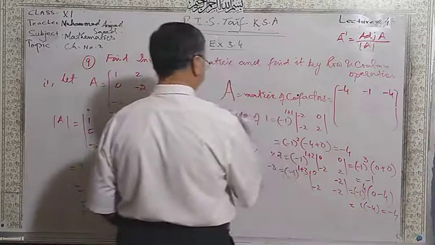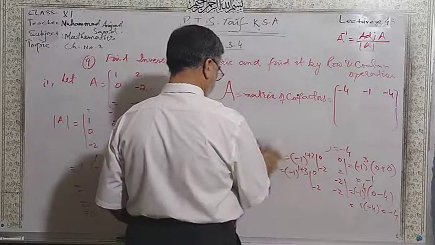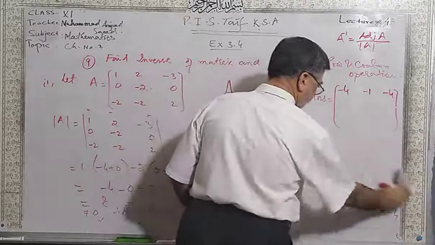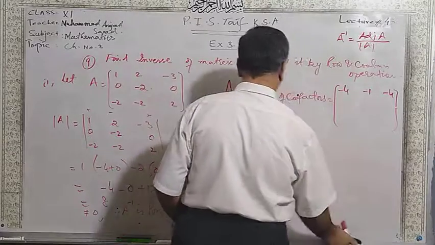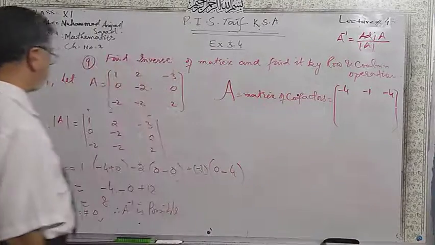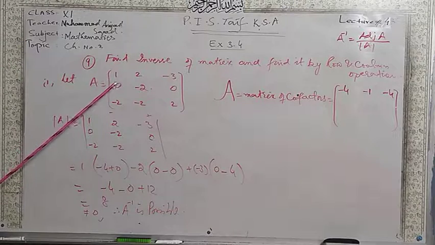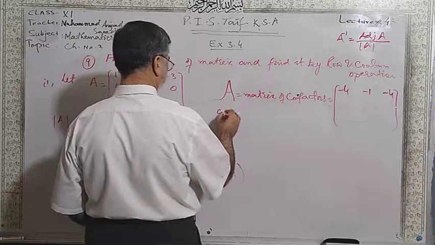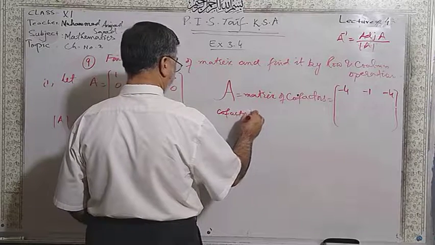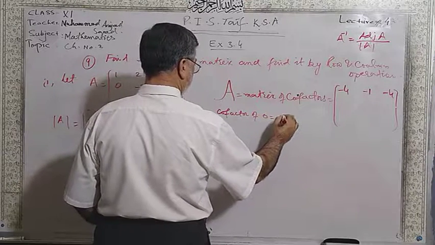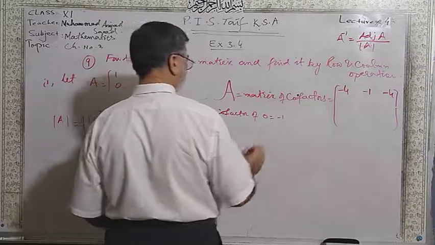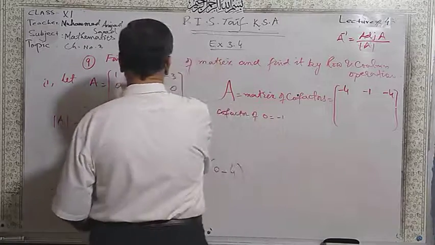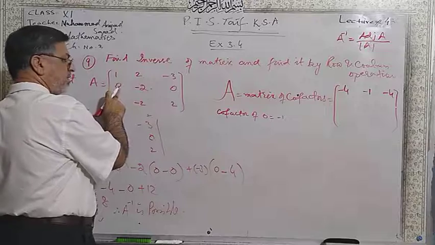After that, we will find the cofactor of the other elements. Now the cofactor of 0. The signs are plus, minus, plus and minus.